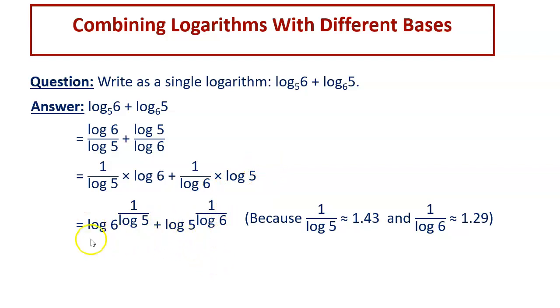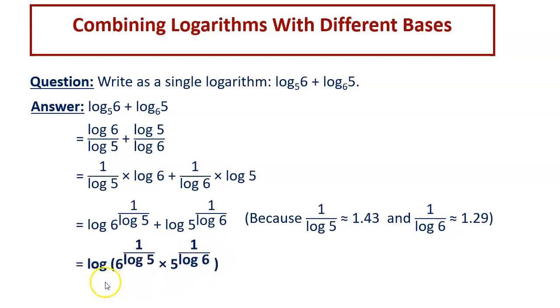Now we have the coefficients of these two logarithmic terms as 1, so we can combine them using the product rule, because now the base of both the terms is the same. Now we can use the product rule to combine them and get a single logarithmic term.